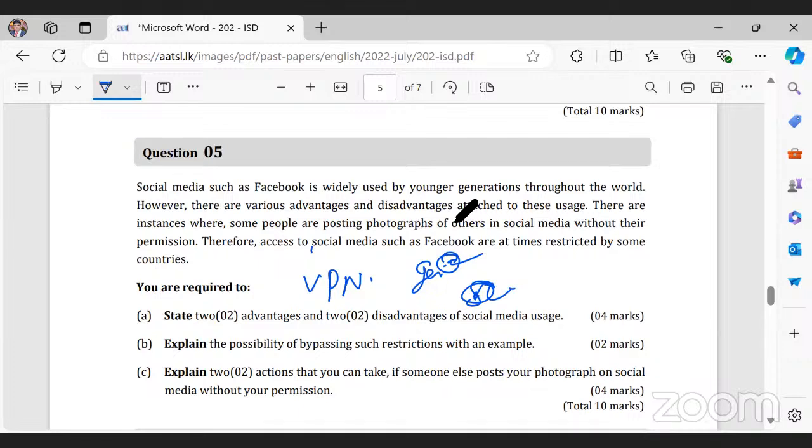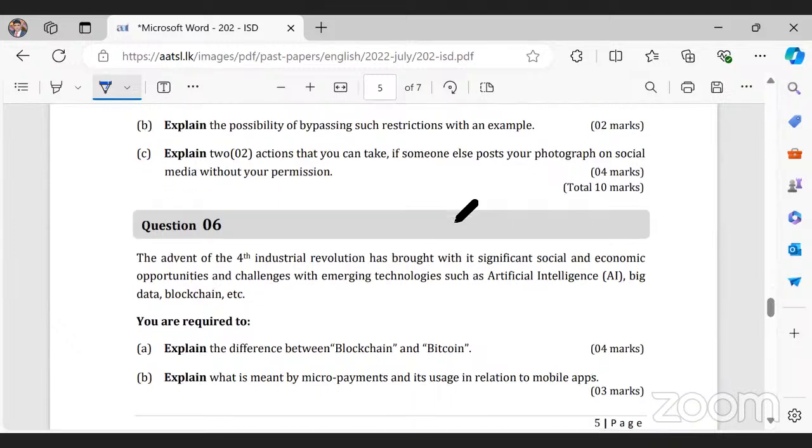Possibly that is the only way to bypass these restrictions, right? First download the software into your mobile device or smart device, then install that, then connect. Then you can browse your popular social media, which has been restricted by authorities.